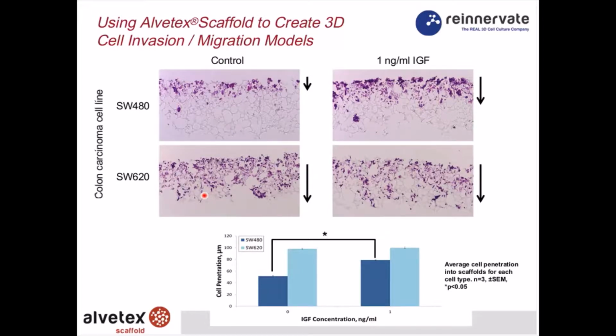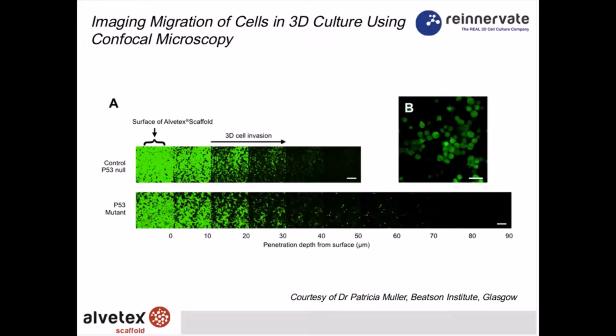Now that's all histological data. If you don't want to do histology, it's also possible to measure cell penetration into the material using confocal, and this is work which is very kindly shared by Patricia Muller from the Beatson Institute in Glasgow. She is showing here the control situation and the experimental situation.